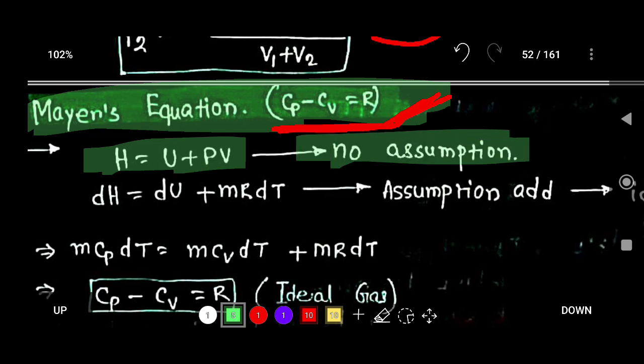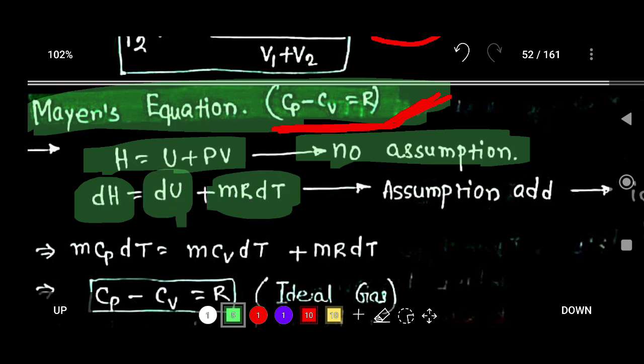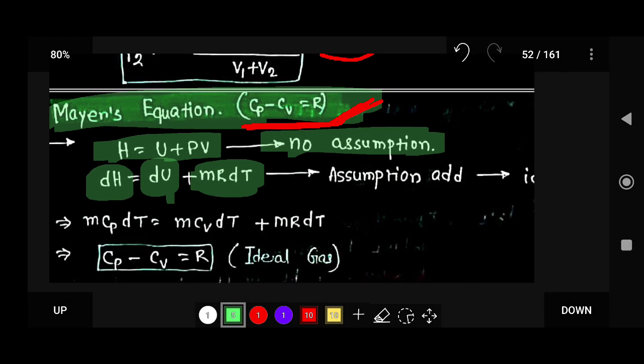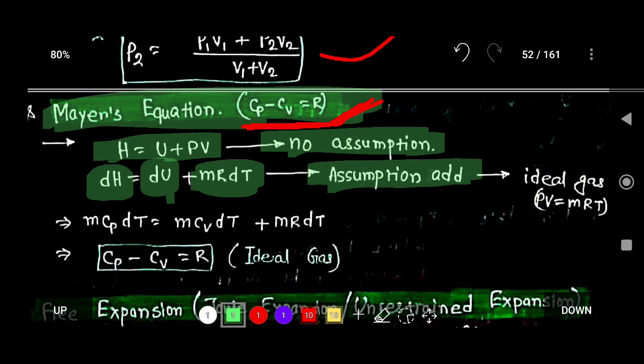There is no assumption so far. From here you can get dH equals dU plus mR dT. Why is it mR dT? Because one assumption is added: the ideal gas assumption.